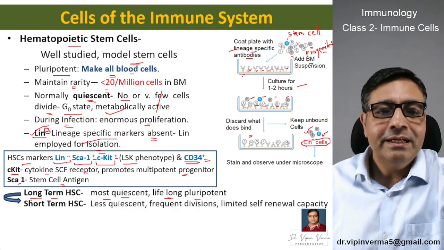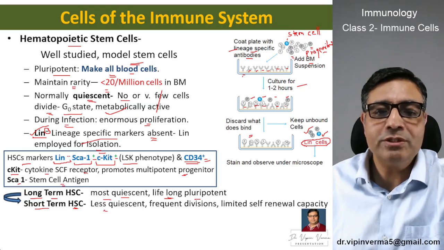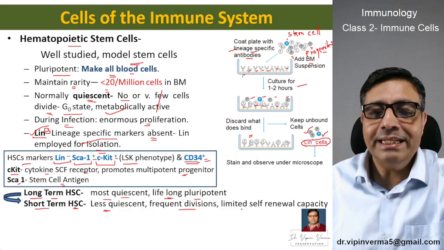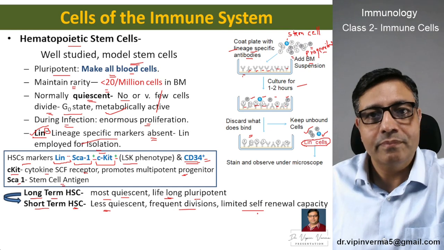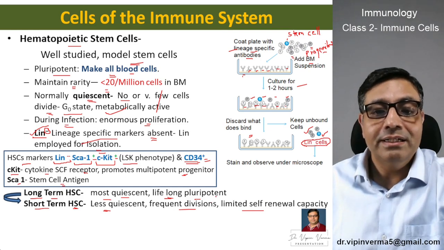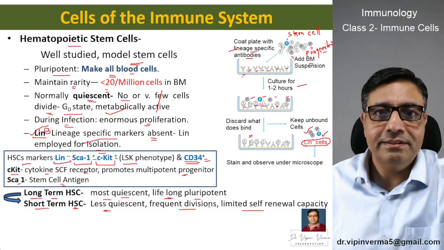Then they are converted into short-term hematopoietic stem cells. And these short-term hematopoietic stem cells are less quiescent and they show frequent divisions and they have very limited self-renewal capacity. So they are now progressing towards some specificity.